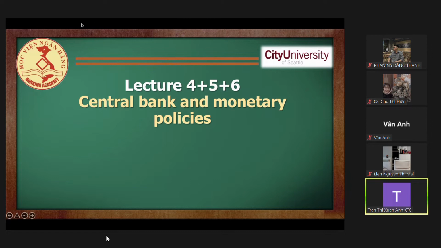For this topic, we also have some exercises on the different instruments that could be used by the central bank, such as open market operations, interest rates, or reserve requirements. So we have three main parts on the central bank and monetary policies.